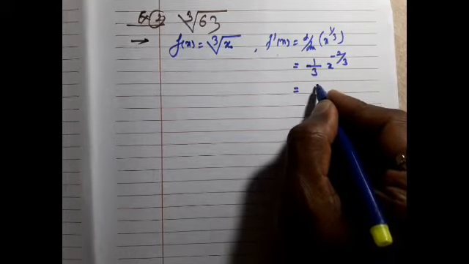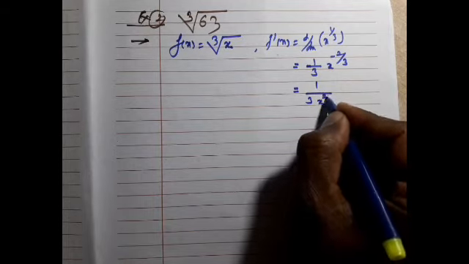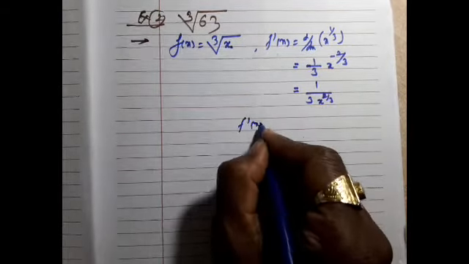This is equal to 1 upon 3 x raised to 2 by 3. That is, f dash x is 1 upon 3 into x raised to 2 by 3. Now let a plus h be 63.